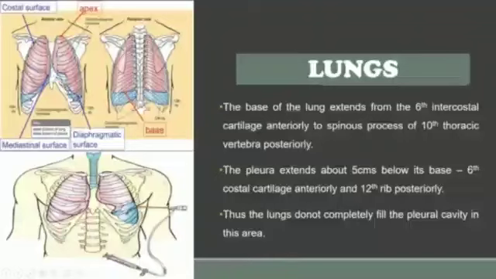But the pleural space extends below this, till the 12th rib. So whenever I do thoracentesis, which is aspiration of excessive pleural fluid, I place my needle between the 10th and 12th ribs, so that the risk of injuring the lung is minimal, because there is no lung tissue in this area.